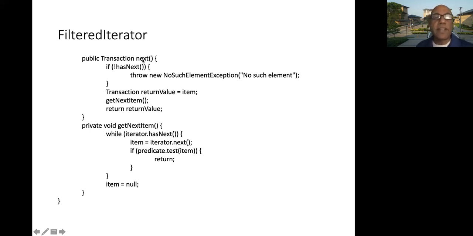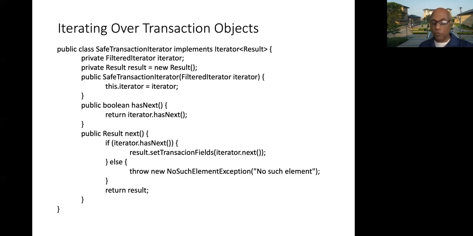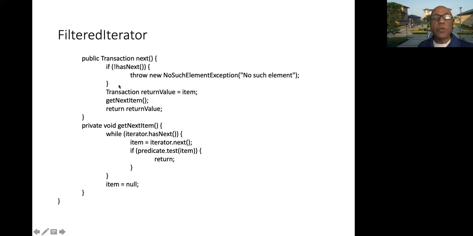So if you look at this next method, which is what an iterator does to retrieve the next object, if there is no next transaction, it throws an exception. Otherwise, this item is stored in the return value, and get next item is called to position to the next qualifying transaction.